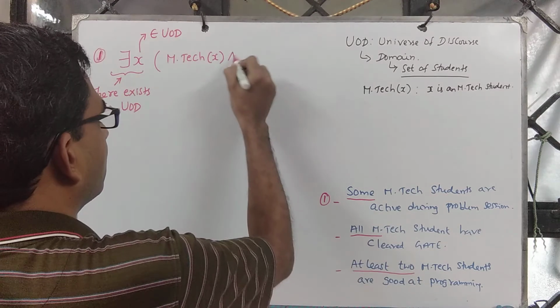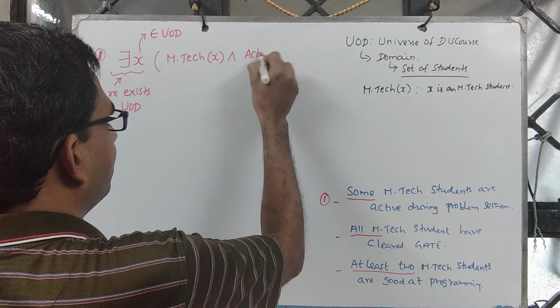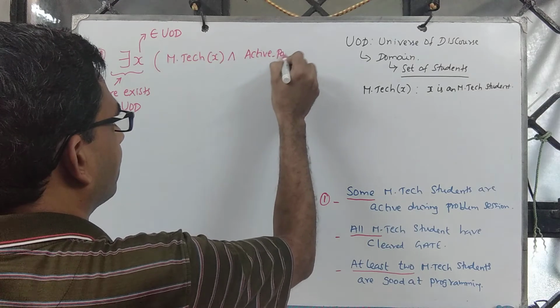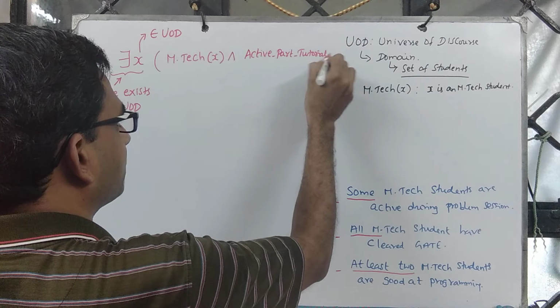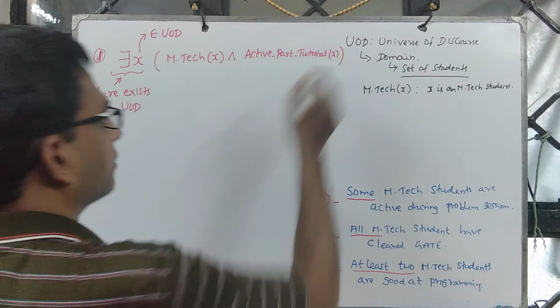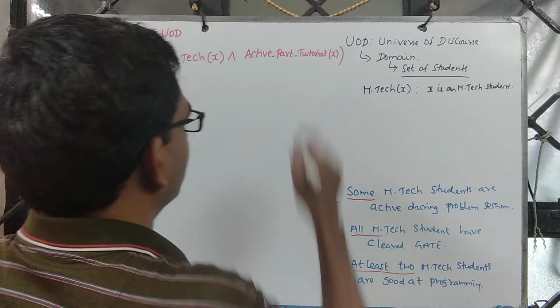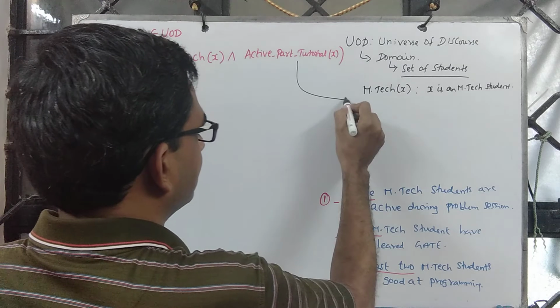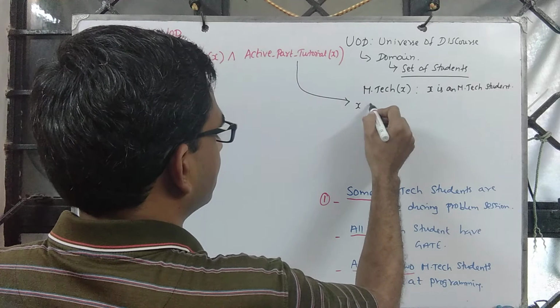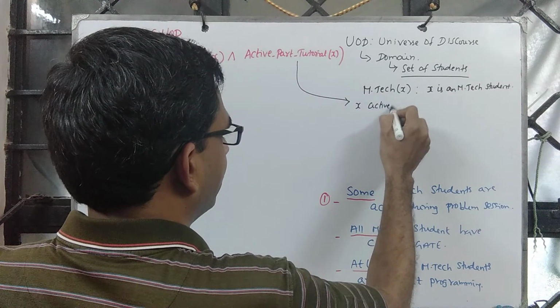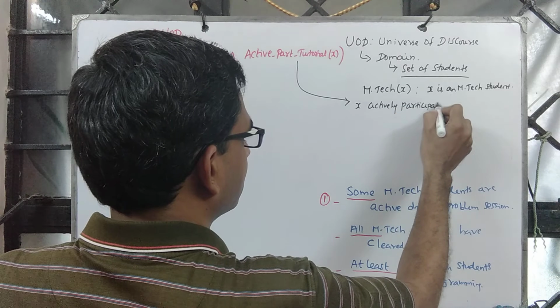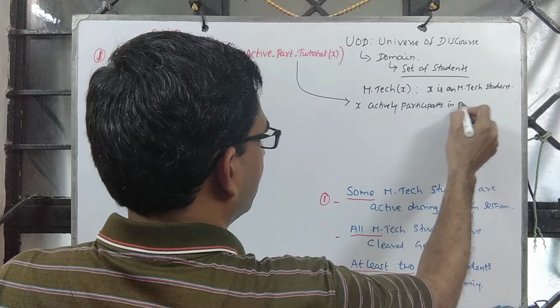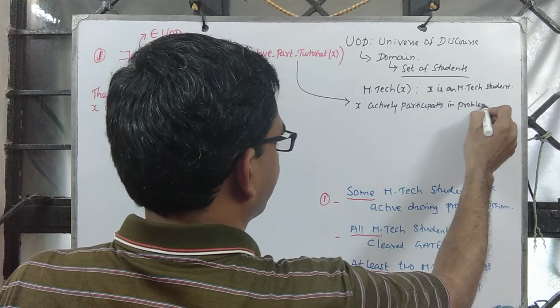And active participation tutorial. This is my predicate. This predicate says X actively participates in problem session.